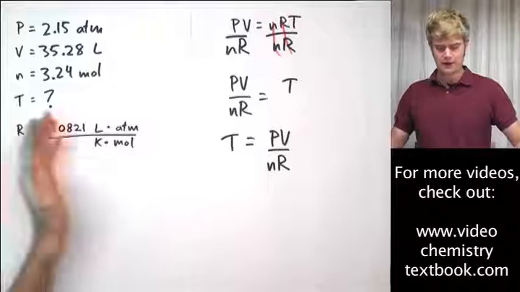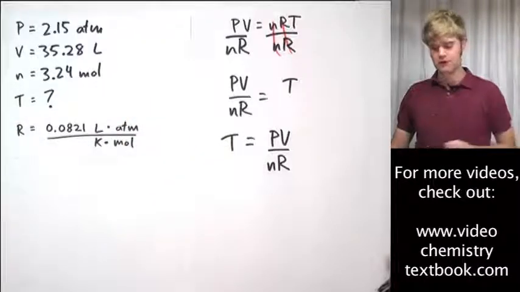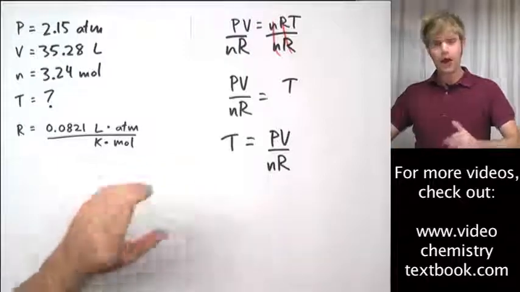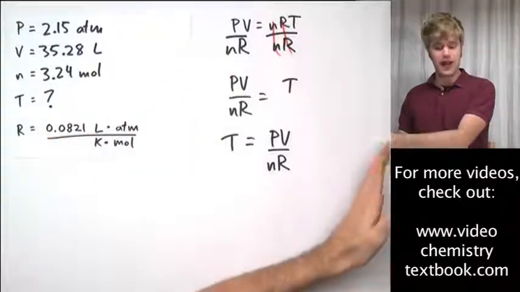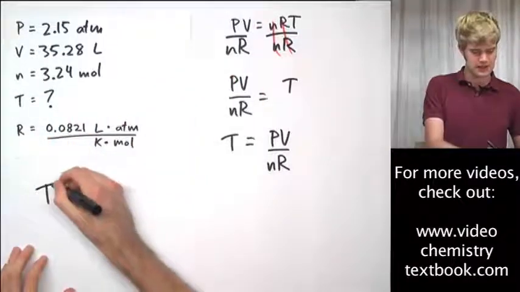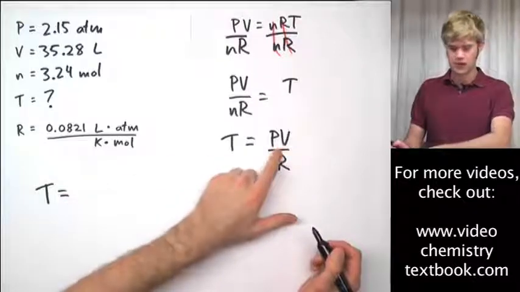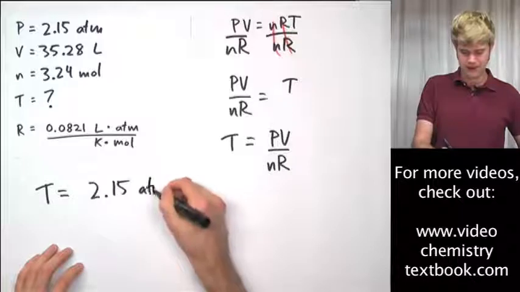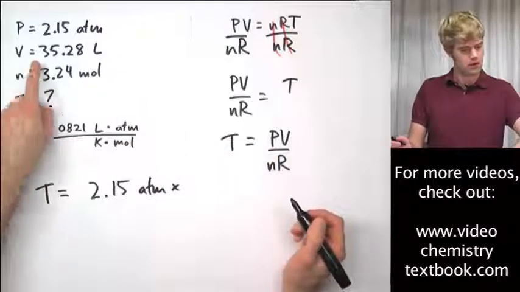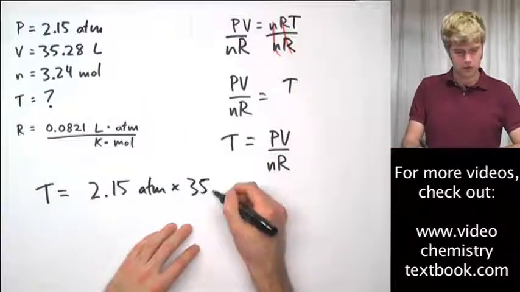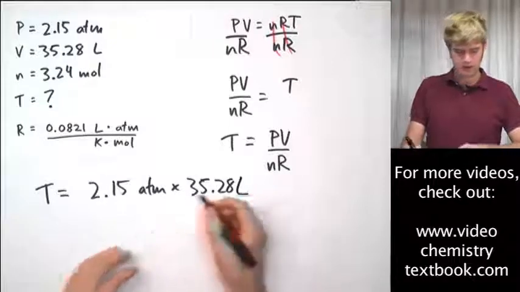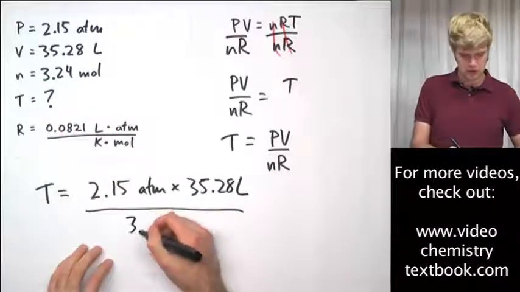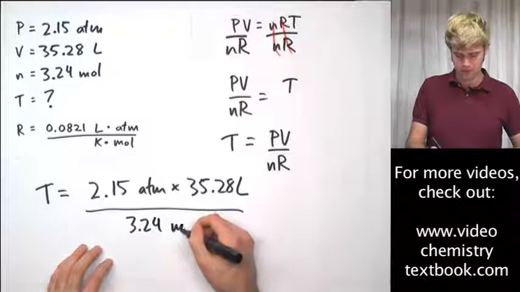Let's go ahead and plug these variables in. Now here R is on the bottom. I'm going to show you what I do with that, but we're going to leave it till last, just like we did before. Okay, so T equals pressure, 2.15 atm, times volume, 35.28 liters, divided by N, which is 3.24 moles.